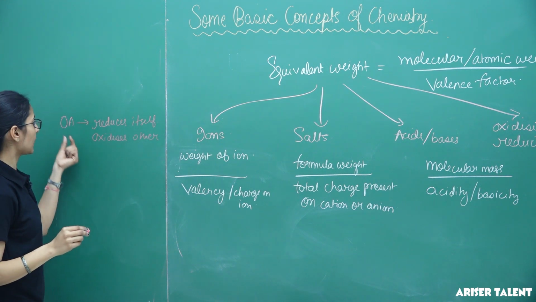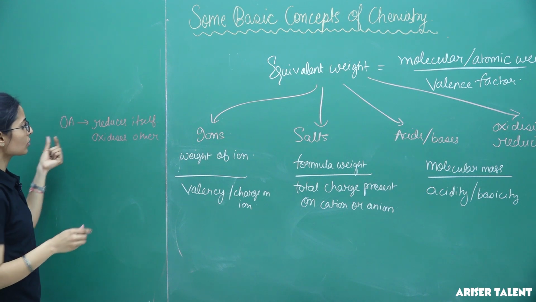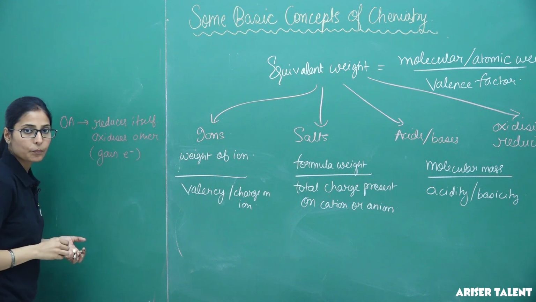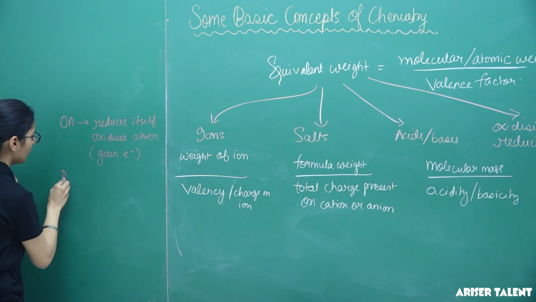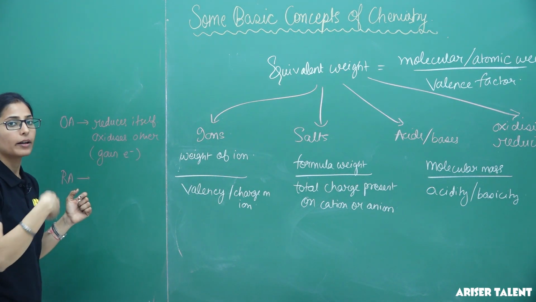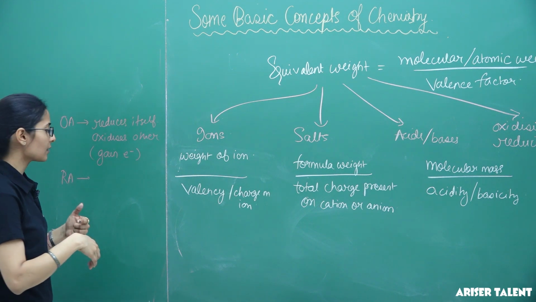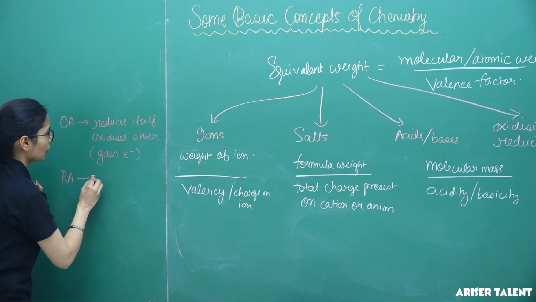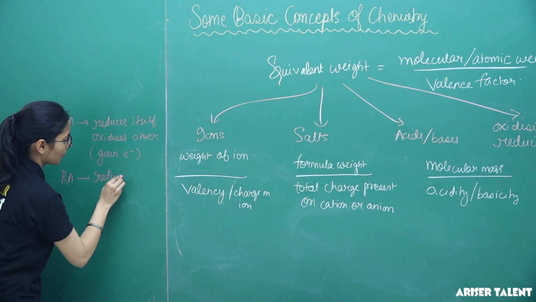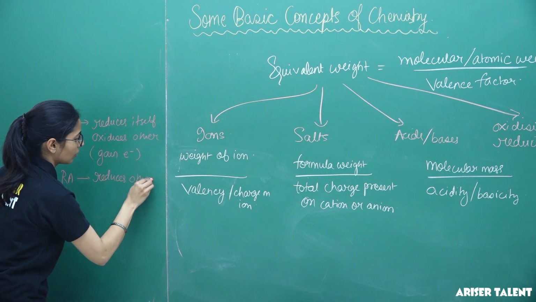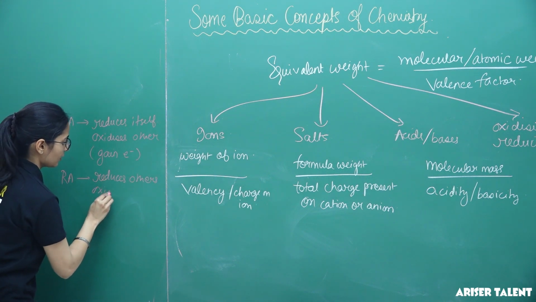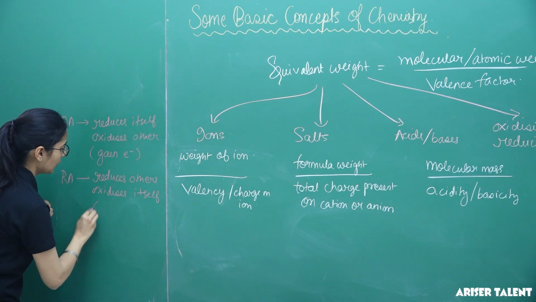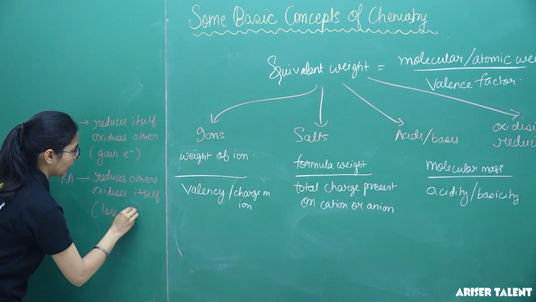In short, we may say that oxidizing agents are those which gain electrons. And reducing agents are those which reduce others and oxidize themselves, or in short, they lose electrons.